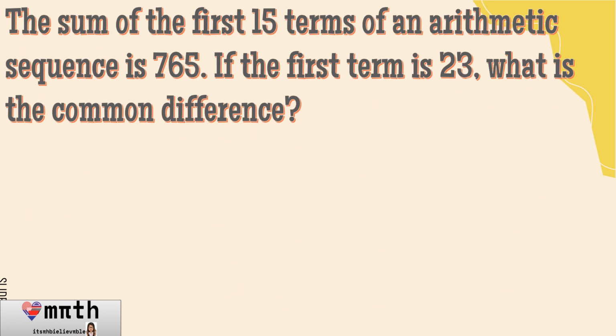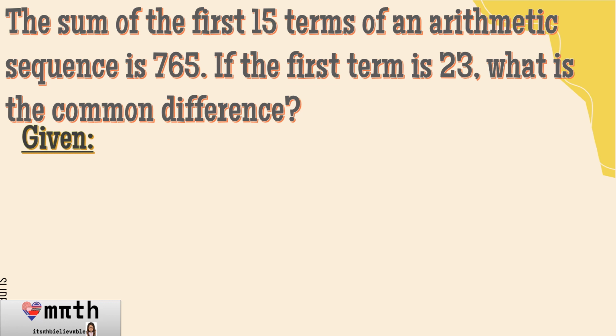Let us have another example. The sum of the first 15 terms of an arithmetic sequence is 765. If the first term is 23, what is the common difference? First, let us get the given.